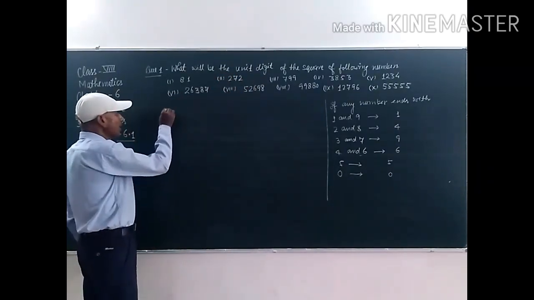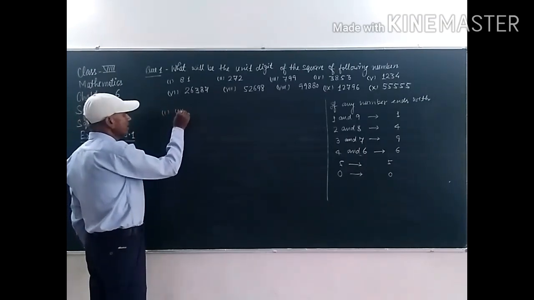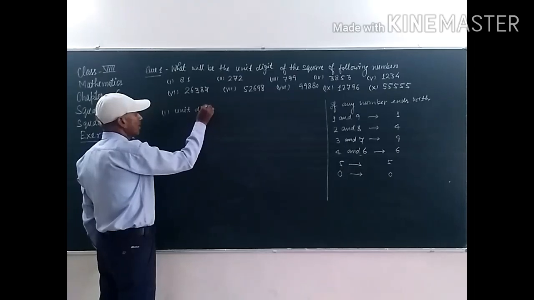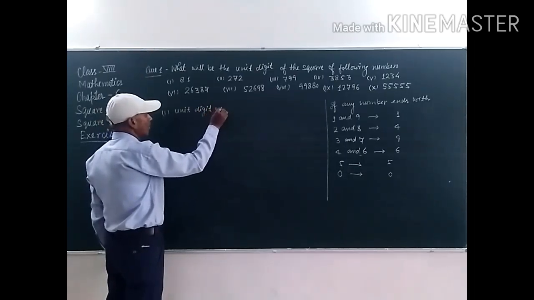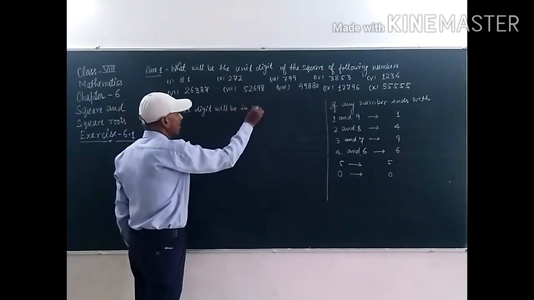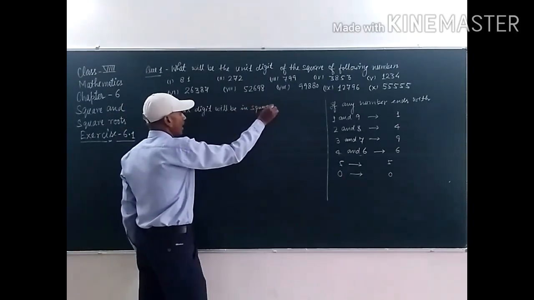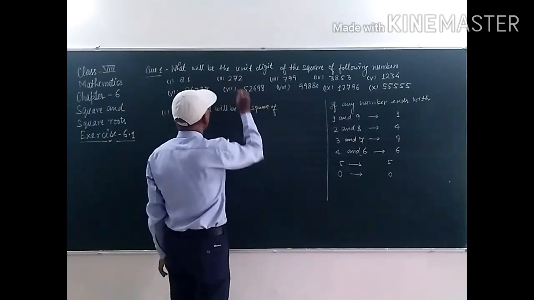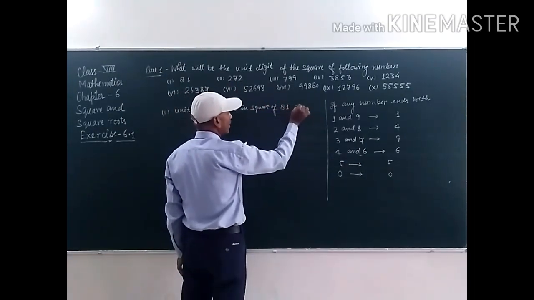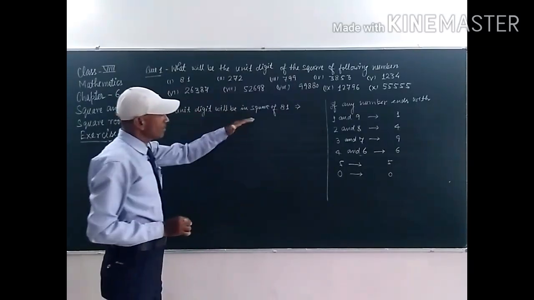So first part, unit digit will be in square of this one, 81. What will be unit digit, student?